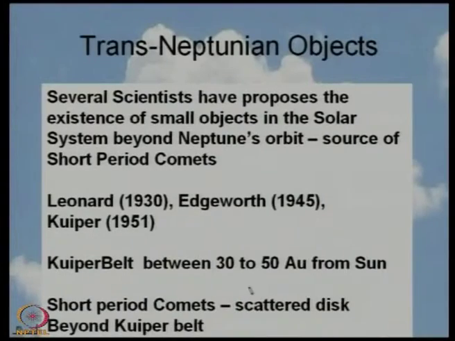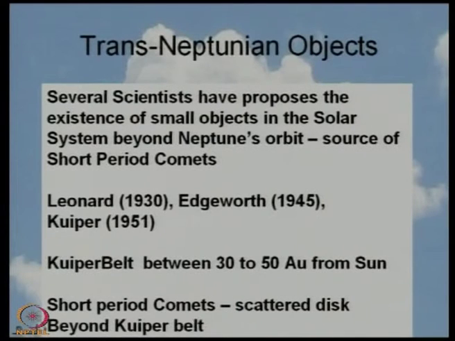And this spans the distances 30 to 50 astronomical units from the Sun. Okay. So, the Kuiper belt is a belt, a region of small objects, again coplanar with the ecliptic plane, orbiting the Sun, just like the main belt. It is just like the main belt.